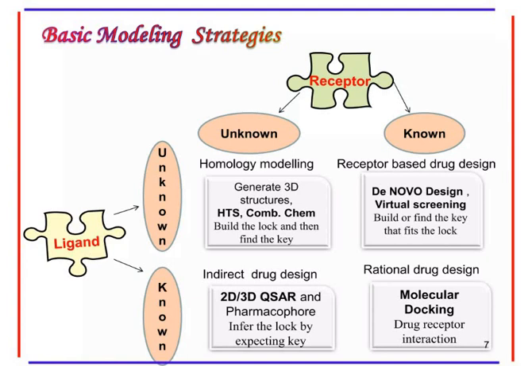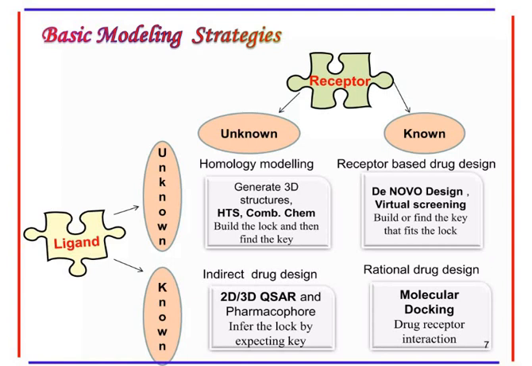So basic modeling strategy. You can see the ligands, you see the receptor. Unknown and known, unknown and unknown in both receptor and ligands. Now homology modeling, unknown. Generate 3D structure, combinatorial chemistry, build the lock and then find the key. Now both are known: molecular modeling, docking, drug receptor interaction.